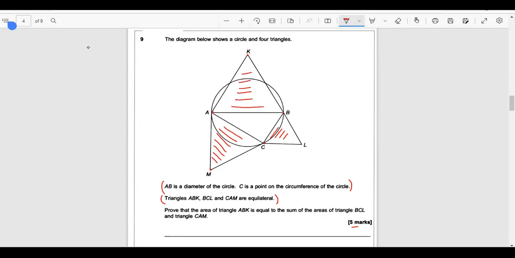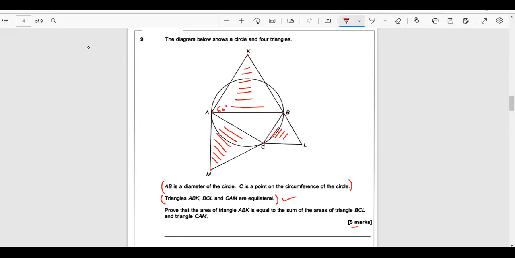So yes, now I'll just give you an idea. This would be used. We know that if a triangle is equilateral, all the sides are equal, and we know what would be the angles, right? What would be the angle? Since all the sides are equal, in any equilateral triangle of this world, every angle is 60 degrees.